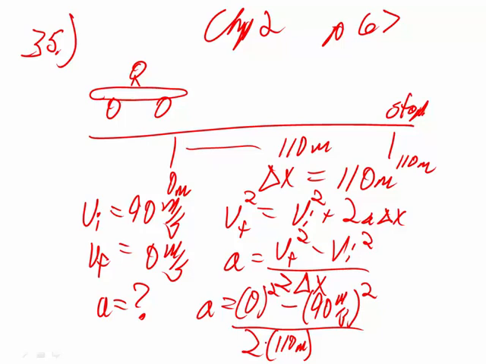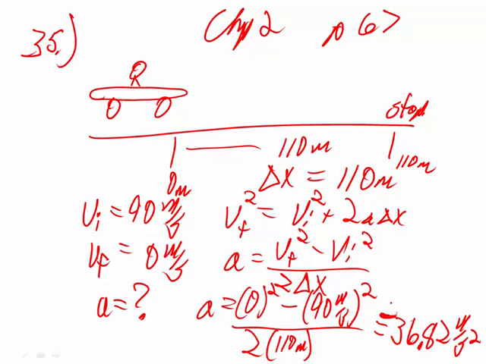So it's 90 squared divided by 2 times 110, and you get 36.82, negative 36.82 meters per second squared. Now it's negative. I put my negative right there where you can see it.